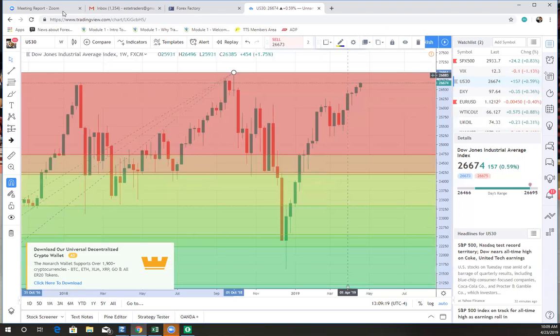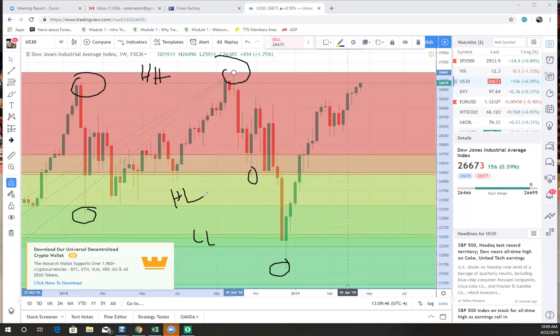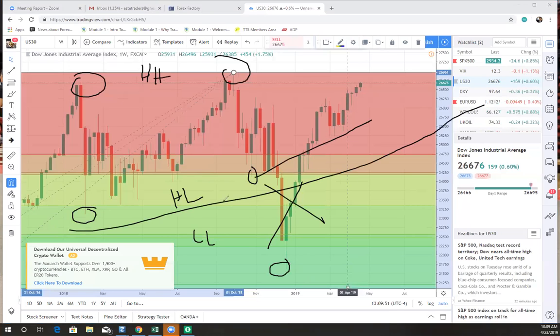So here is now a tip. You have a higher high. You have a lower low. If you have a higher low and this didn't exist, then you have a higher probability of having a higher high.